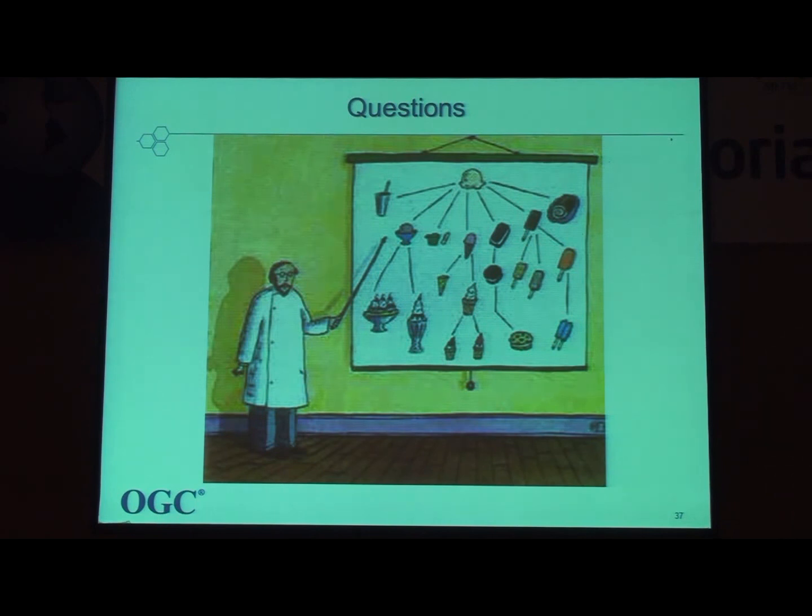Another question: on Friday we will have a joint workshop between the GIS and BIM communities. Oh, BIM, building information model. Yeah, okay. They come from the old computer-aided design communities.